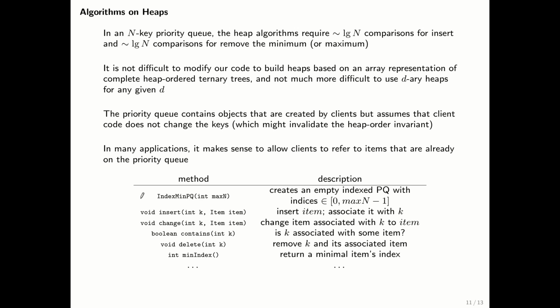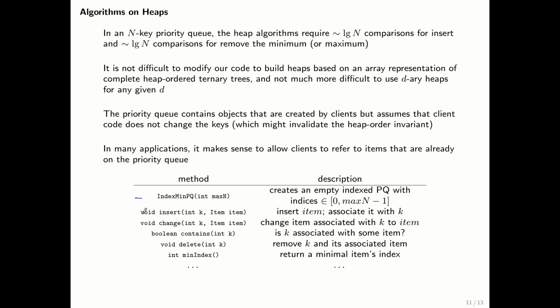You can build an indexed min-pq object using this constructor that takes an argument max n. That simply creates an empty indexed min-pq where the indices go from 0 all the way up to max n minus 1. Each key that you insert in the priority queue is associated with an index, and those indices take on values from 0 up to max n minus 1.